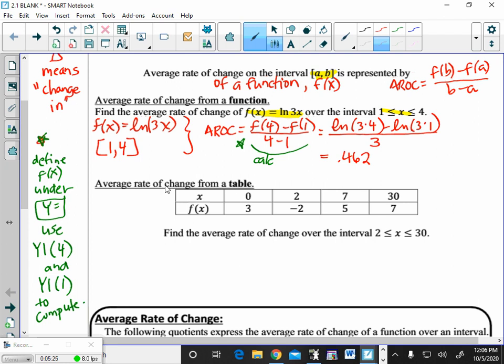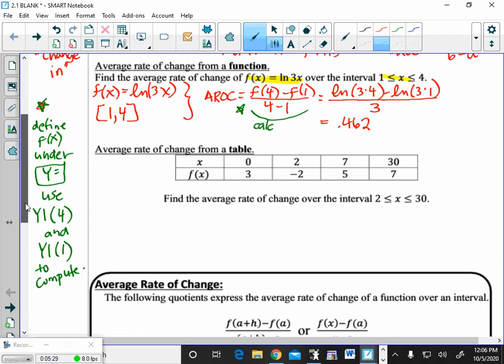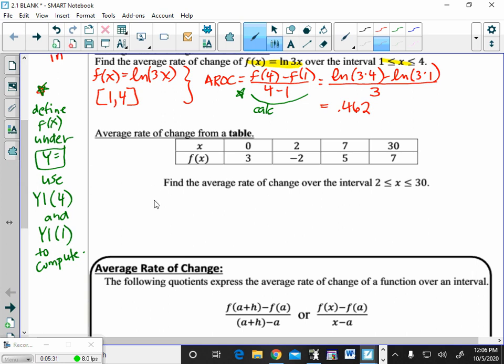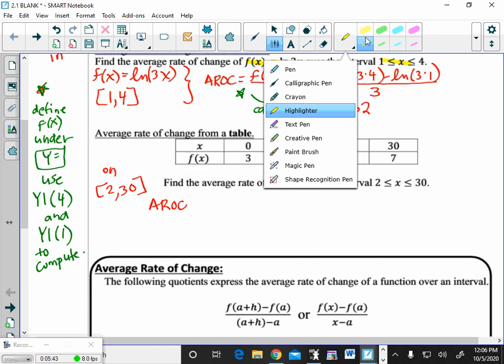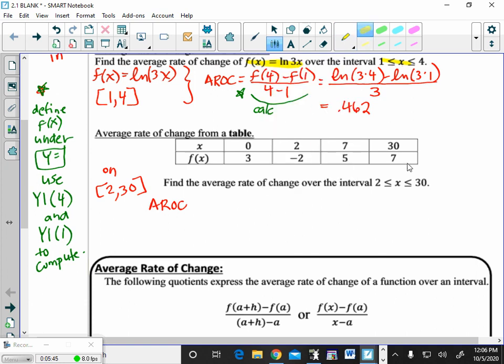Let's try the average rate of change from a table. So we don't have the function definition, but it's the same thing, the average rate of change, and we are on this interval, 2 to 30. So what's really important now is we're on 2 to 30.